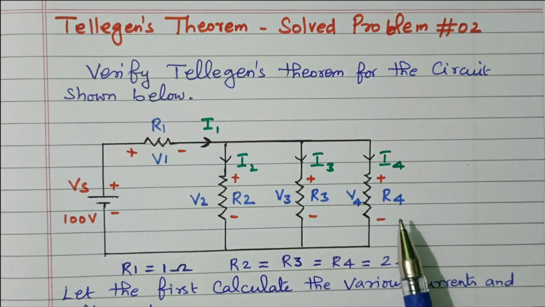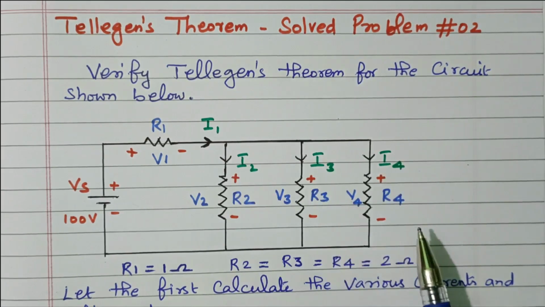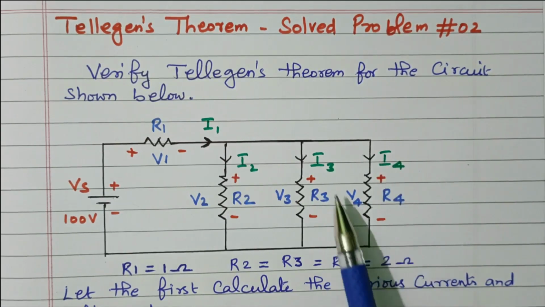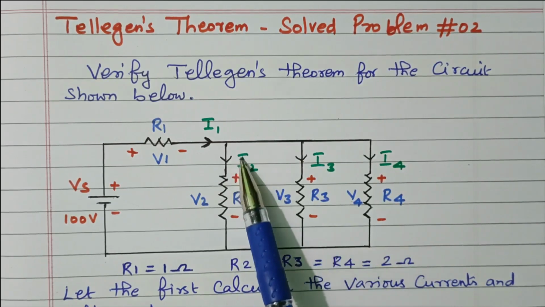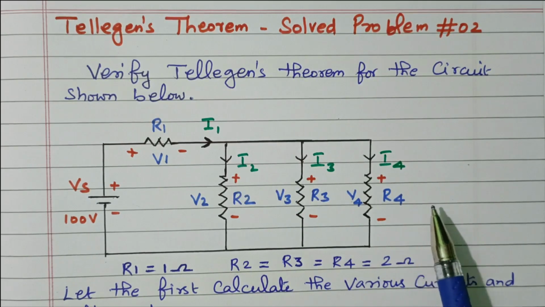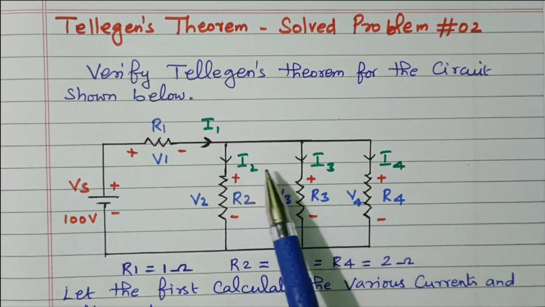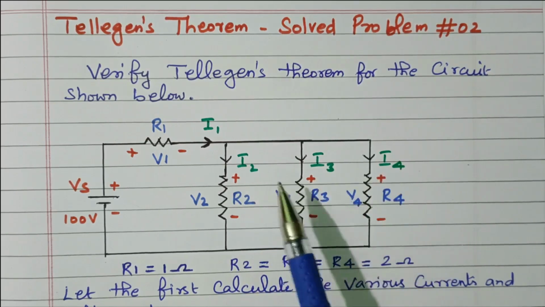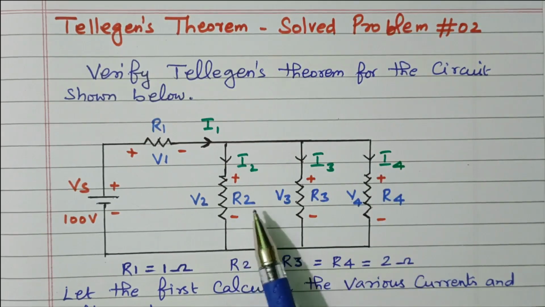Then the voltage drop across R2, R3, R4 is equal because they are connected in parallel. Similarly, the currents flowing through R2, R3, R4 are also equal because of the same resistor value. That is, I2 equals I3 equals I4, and V2 equals V3 equals V4.